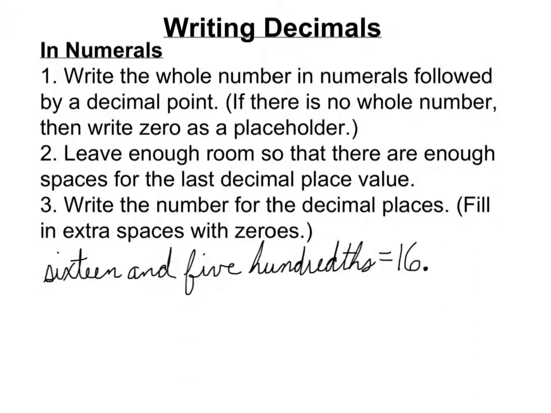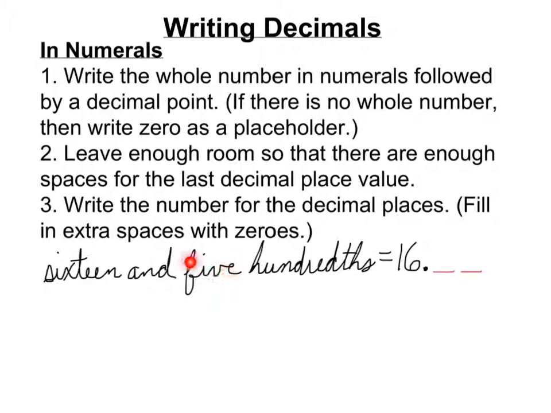Step 2, I'm going to leave enough room so that there's enough spaces for the last decimal value. Well, the last decimal value was this word right here, hundredths. So I'm going to need a space after my ones for the tenths, and then the next place will be the hundredths. And then finally, step 3, I'm going to write in the number for the decimal places.